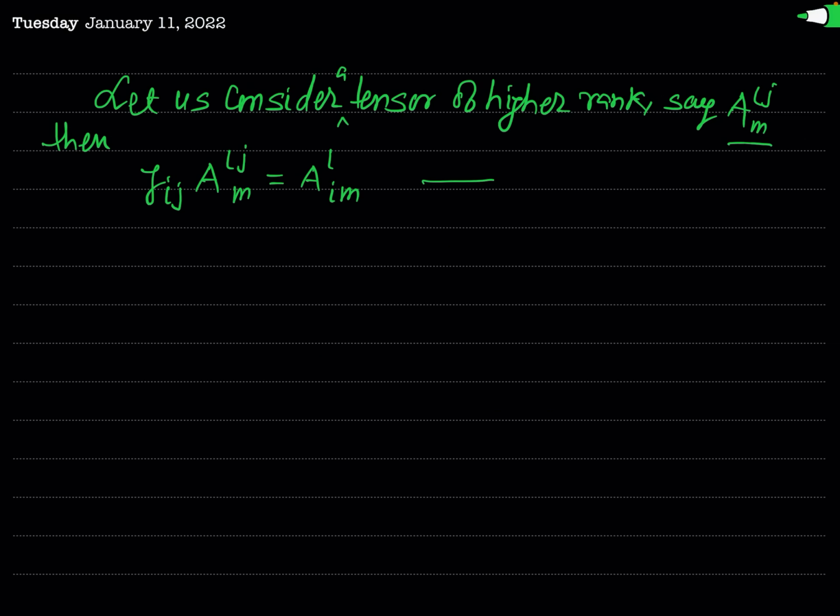And this is equation 4. Again, since this tensor A super L sub IM has been obtained after the inner multiplication of this given tensor A super LJ sub M with the covariant fundamental tensor, according to the definition, this resulting tensor is what?